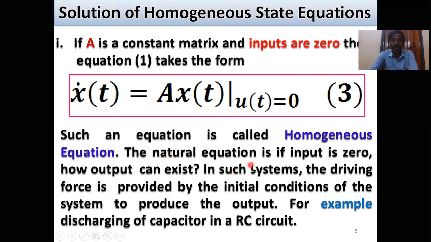In this case the input is 0, so how can output exist? This is also one question. How can output exist in such a system? The driving force is provided by the initial condition of the system to produce the output. For example, discharging of a capacitor in an RC circuit.